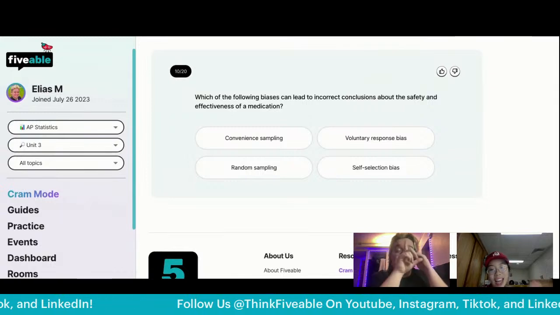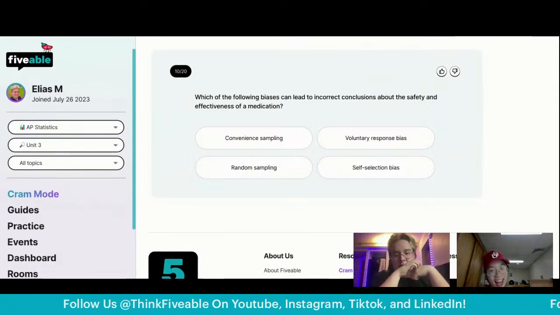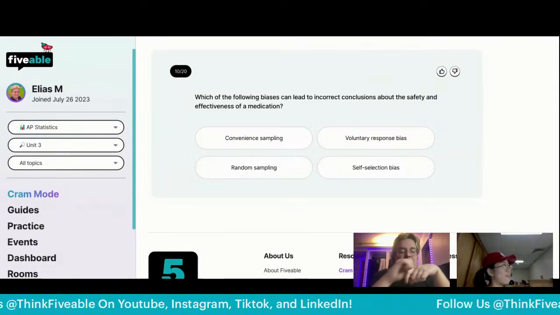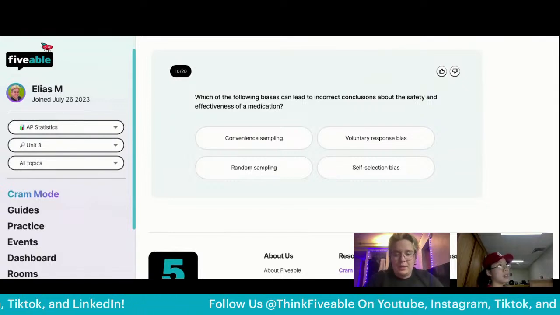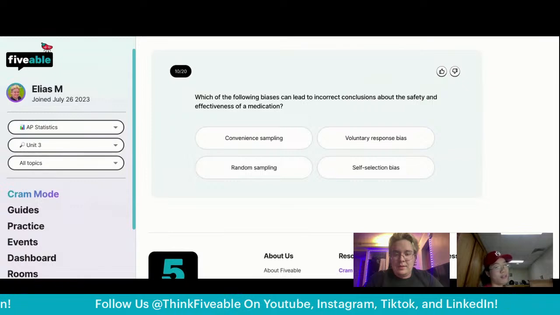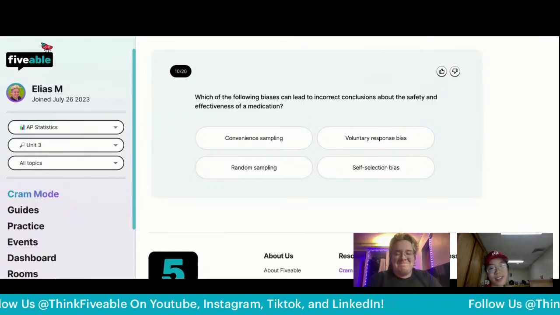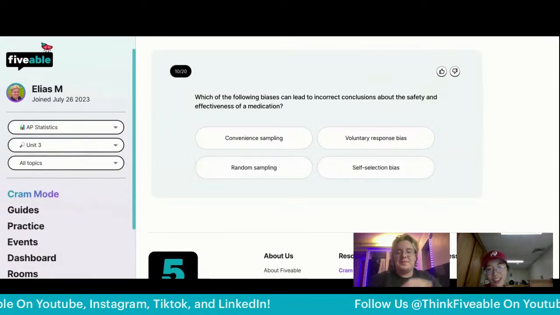Agreed. That's why they have to put all those disclaimers on the ads that like this can cause like kidney failure or whatever. Because anyone who took the medication and experienced that during the testing, even if it wasn't from the medication, they have to say that it was a statistical conclusion.